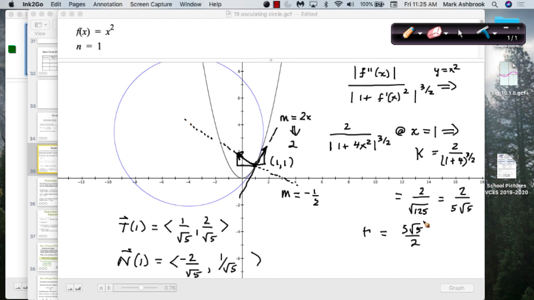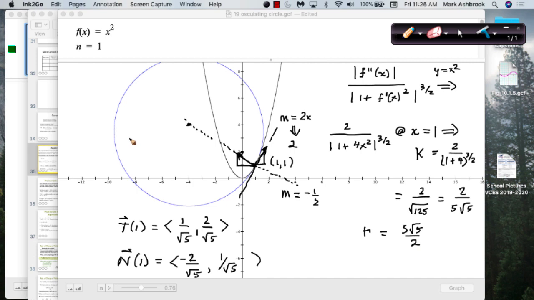We've got the distance we need to go. So what are the coordinates of the center? I think we can just write it down now. We've got the starting point 1, 1. We've got the vector -2 over radical 5, 1 over radical 5, and the distance we need to go.